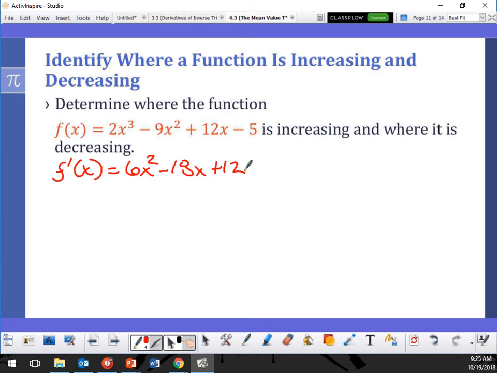Now, think about it like this. I'm going to start with the parabola. Say I kick a soccer ball. I just kicked it, and all the way up until this point right here, it was increasing, wasn't it?